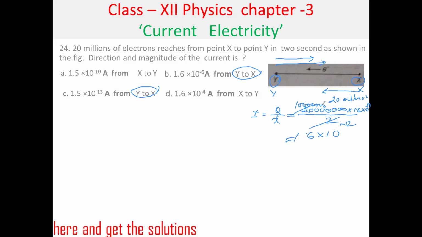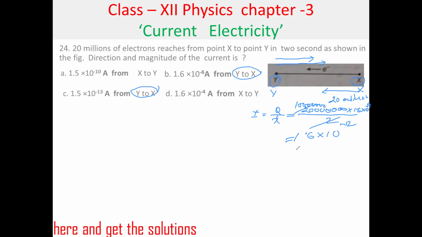20 million, no? Okay, so it will be 1, 2, 3, 4, 5, 6, 7 into 10 to the minus 19. 7 gives 12, so 1.6 into 10 to the minus 12.